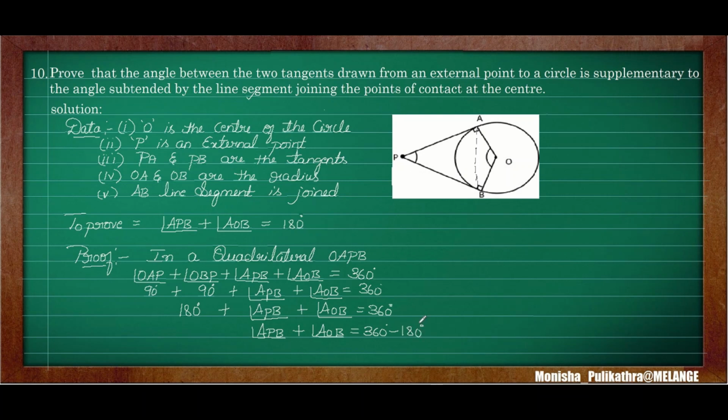What is 360 degree minus 180? That is 180 itself. So APB plus AOB is equal to 180. Okay, so that is the thing we need to prove here. APB and AOB is equal to 180 degree, supplementary. Hope you understood this problem.